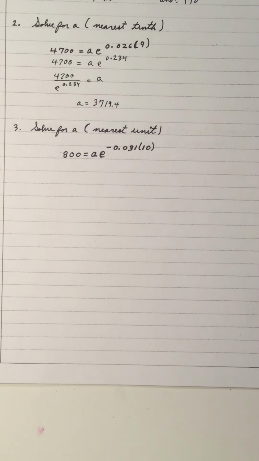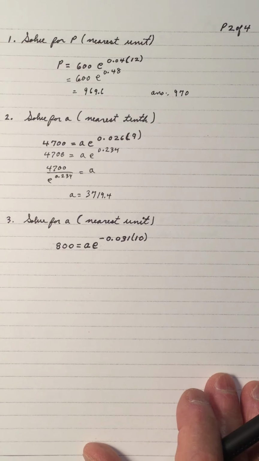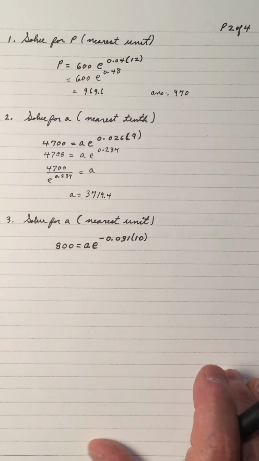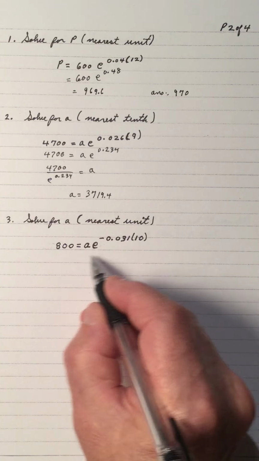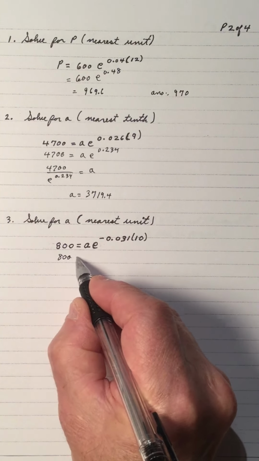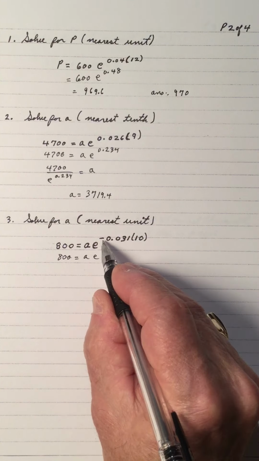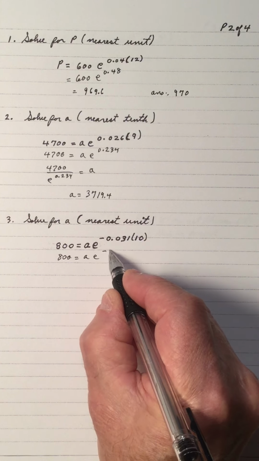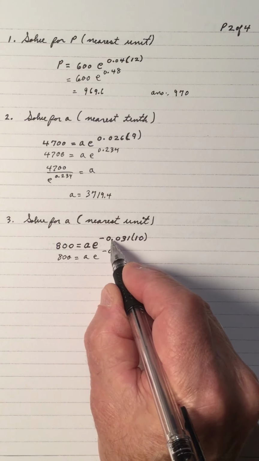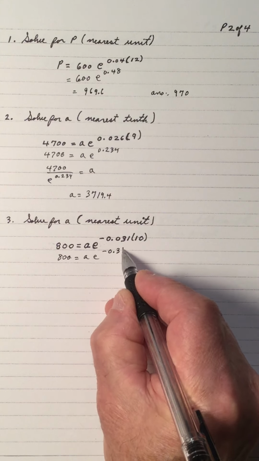Okay, we got another one to do. Solve for a to the nearest unit. Again, a is here. So it's 800 equals a times e to the negative 0.031 times 10. The decimal moves one place to the right, so it's negative 0.31 after we multiply by 10.